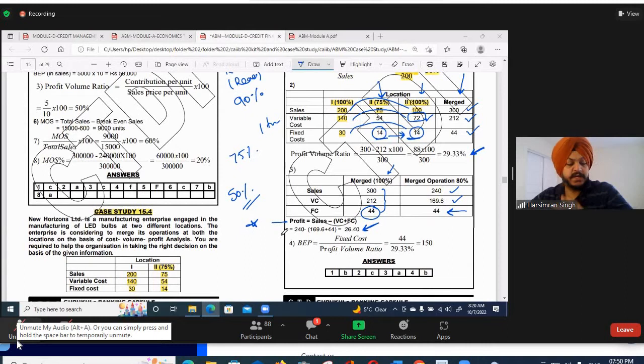We did this yesterday. This was the last slide, second last slide. So what is the fixed cost in this merged plant? 44. What is the PV ratio of the merged plant? 29.33. So 44 by 29.33, you get 150. This question has come once.